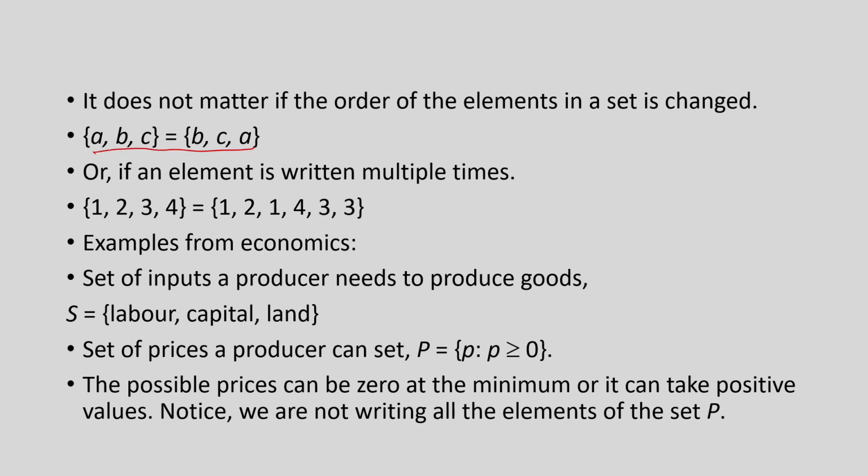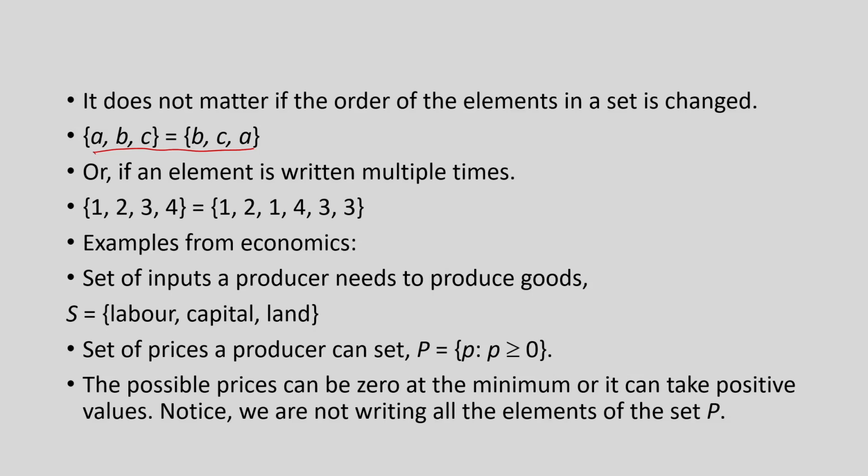On the left hand side I have written the elements as A, comma B and then comma C, and on the right hand side I have written a set where the order has changed. I have written B first and C next and A in the third place, but the point is that it does not really matter if I just change the order, as long as the elements are same in both the sets, then the sets are equal.